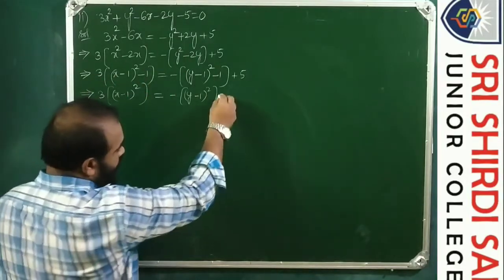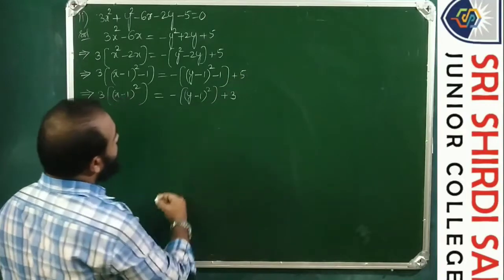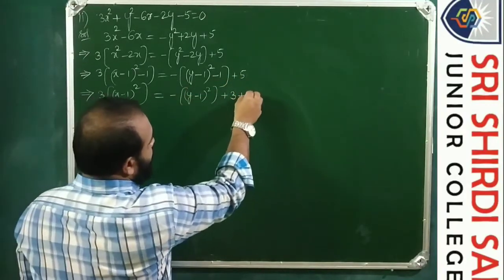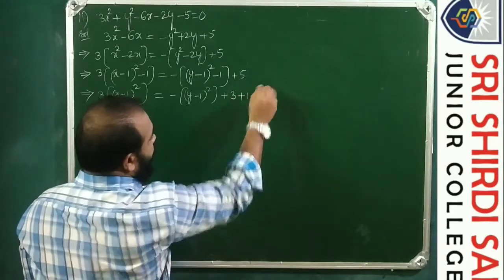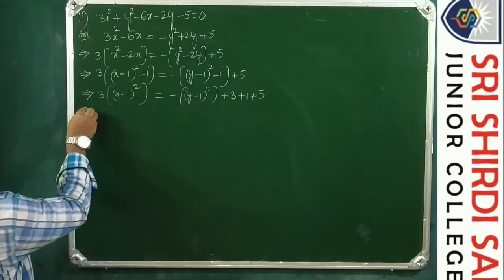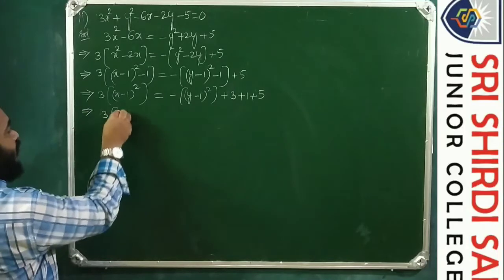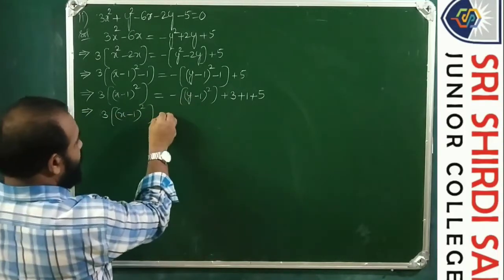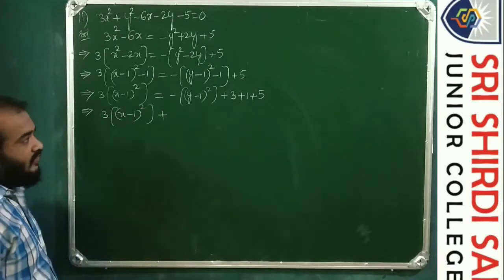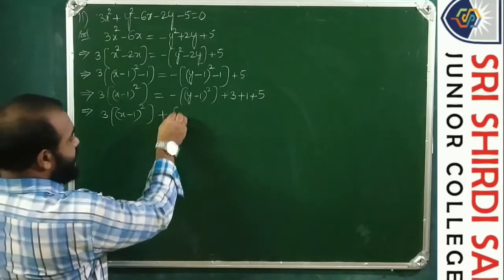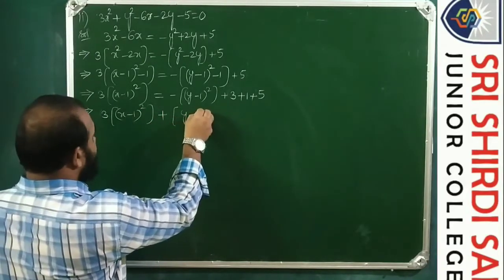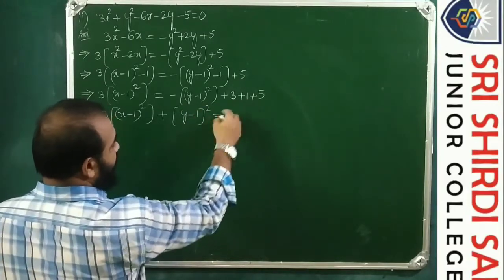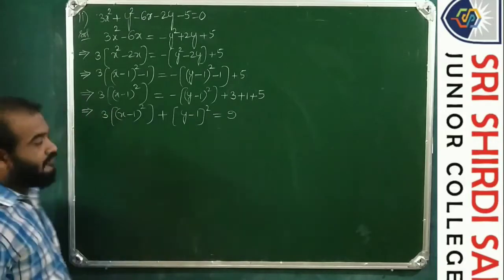If you take it to that side, it is plus 3. Minus into minus is plus 1, plus 5. This is equal to 3 into x minus 1 whole square. This minus term, if you bring to this side, is plus y minus 1 whole square equals 3 plus 1 plus 5, which is equal to 9.